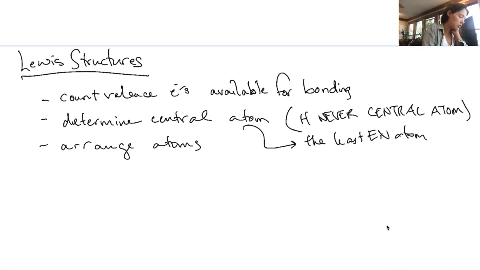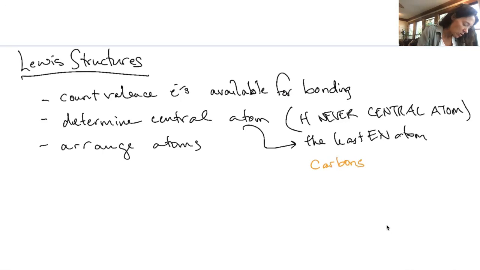Now, you need to realize that carbons love to be in the center, right? There's a whole class in chemistry called organic chemistry. It's all about carbon. There's so much to learn about carbon compounds. There's a whole class on it, and it's hard.